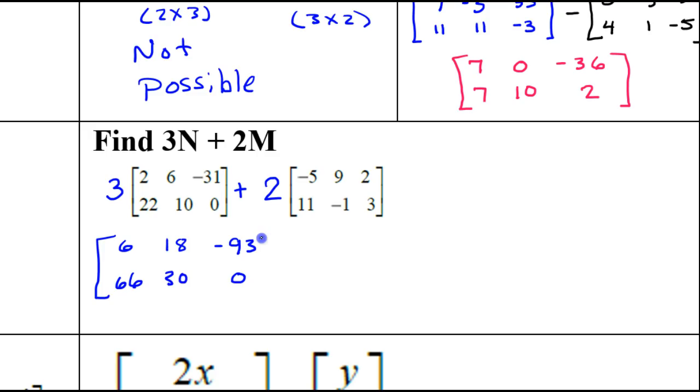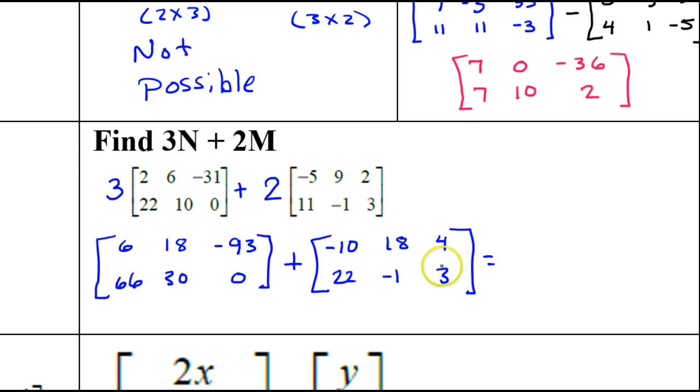So that is 3N. Now let's do 2M. So we will simply multiply each element by 2. So that will give us negative 10, 18, 4, 22, negative 1, and 3.